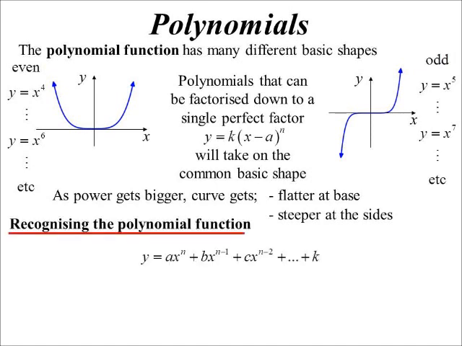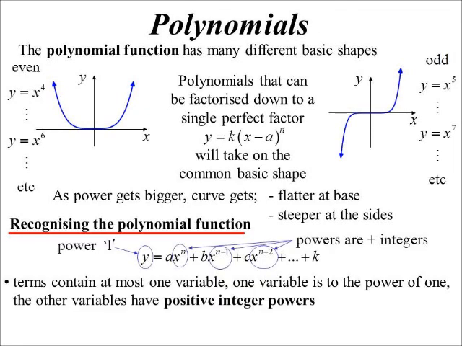So how do you recognise a polynomial? We'll investigate polynomials in a lot more detail later. But basically, you've got your algebraic expression, and all of the powers have to be positive integers. So you can't have fractional powers, you can't have negative indices.